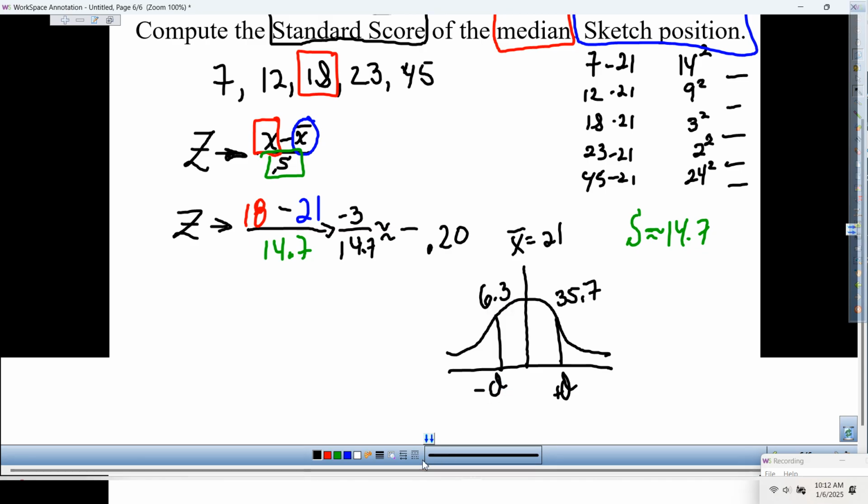So our norm is from 6.3 to 35.7. However, our z-score is at negative 0.20. Here's 0 right here at the mean. Negative 0.20 is a fifth of the way, right there, and that's our measure of position. Hands if you got something like that by yourself. Pretty good. All right, send that in, please.